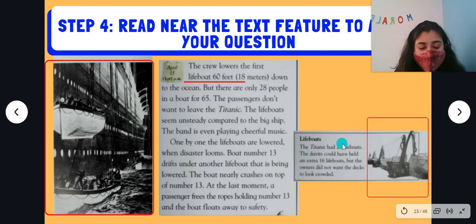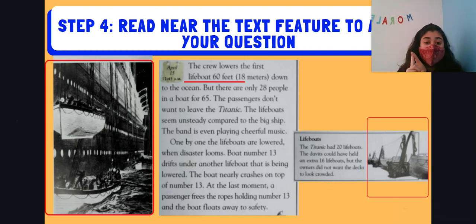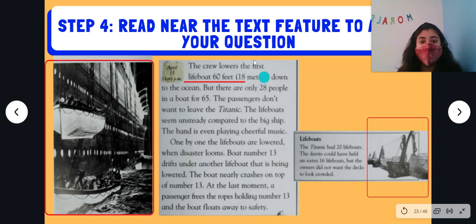It says lifeboats. The Titanic had 20 lifeboats. The Davits could have held an extra 16 lifeboats, but the owners did not want the decks to look crowded. So it sounds to me like the Titanic had lifeboats, 20 lifeboats to be exact, and it used them to lower down into the ocean. We learned that here in this sentence. And we also learned where they are. They were on the deck of the Titanic.